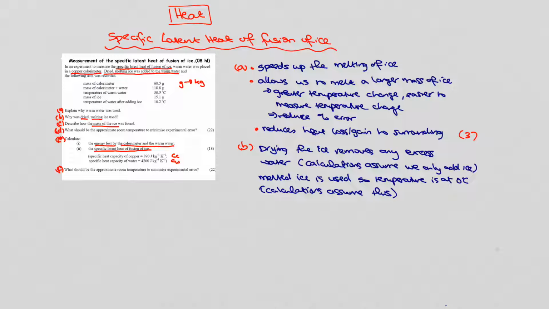Okay, so C then says, describe how the mass of the ice was found. So that's a very easy one. The mass of our ice is equal to the mass of the calorimeter and water and ice, in other words the final mass, minus the mass of the calorimeter and water.